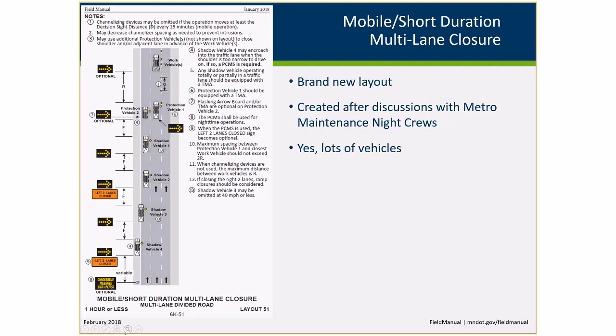It reduces the mobility and the safety for the traveling public, even setting up work zones. So for these short duration ones, there is a safety benefit for using just vehicles in order to do it, and so we wanted to add this as a possibility for how they can do this type of lane closure.